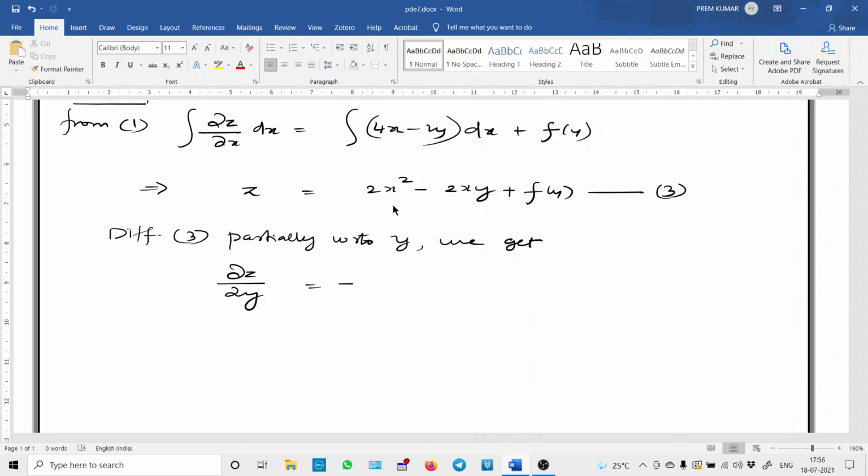So the first term will become 0 because there is no y involved. The second term gives minus 2x plus the differentiation of f of y with respect to y, denoted by f dash of y. Since this is differentiation, there is no need to add any constant.